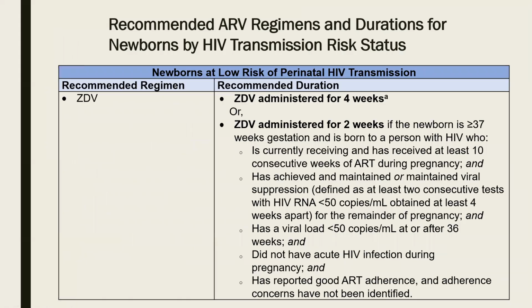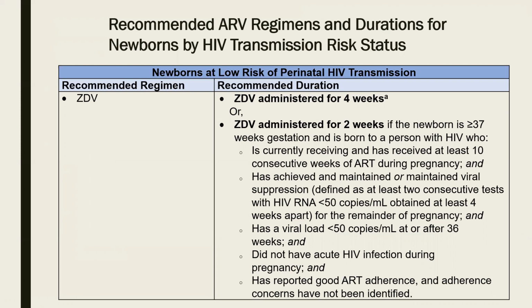So what do we do once we decide whether they're high or low risk? A newborn with low risk for perinatal HIV transmission would probably receive ZDV, or zidovudine, for either 2 weeks or 4 weeks. This is a little bit newer in the guidelines, because even 5 years ago, 4 weeks of ZDV was the recommended duration.